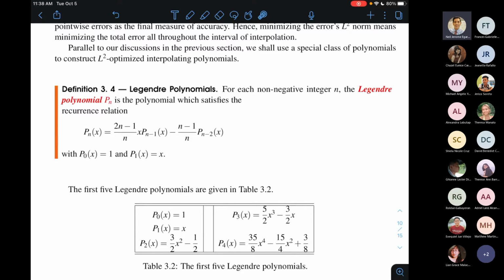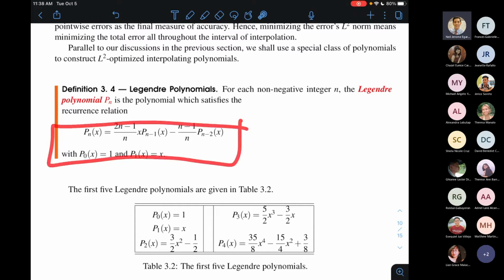So although Legendre polynomials arose from a differential equation, pero dahil hindi naman prereq sa 174 yung knowledge ng ordinary differential equations, I opted to define the Legendre polynomials right in a recursive fashion right away. Hindi ko na dinaanan yung differential equation definition niya. But essentially, the Legendre polynomials are the solution to a certain type of differential equations. But it turns out that they have a nice recursive definition. And let's take advantage of that.